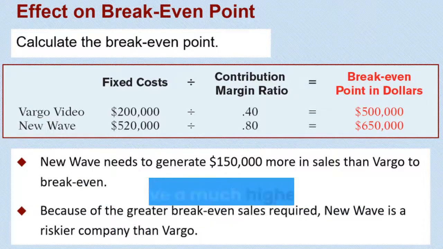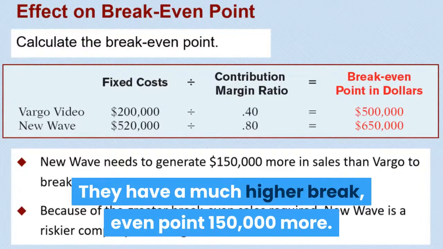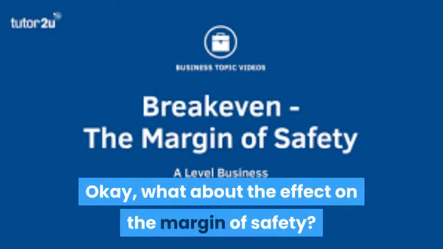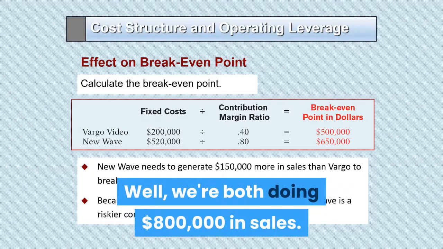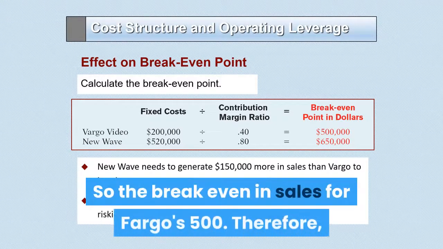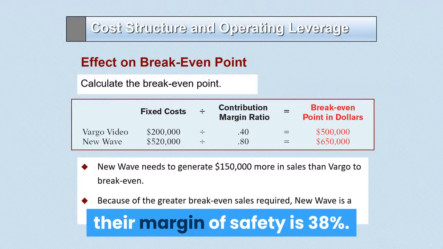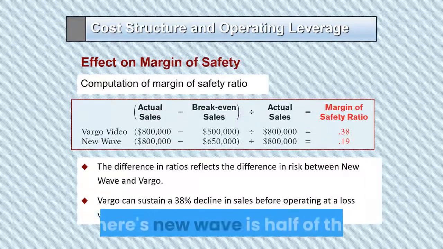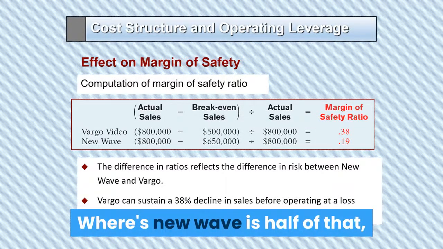Well, fixed cost for Vargo is 200. The ratio was 40, so they need $500,000 in sales. For NewWave, their fixed cost is 520, and the ratio is double Vargo's, but they still need 650. They have a much higher break-even point, 150,000 more.